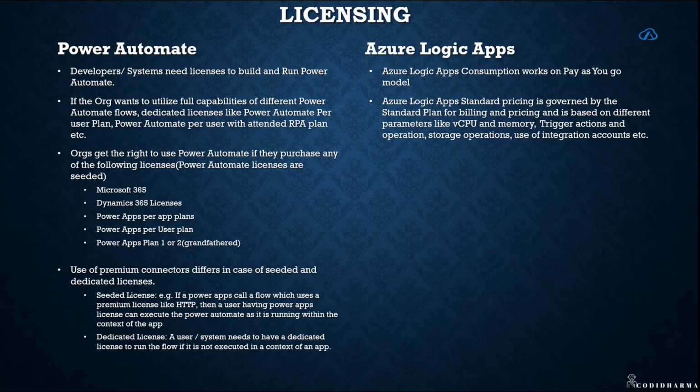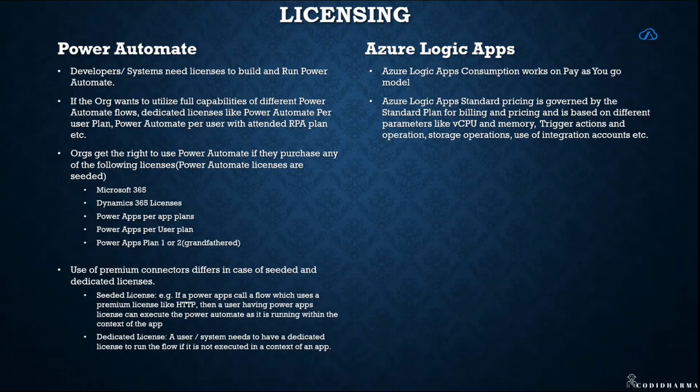But as I said, if a user or a system is running a flow which is very generic in nature and not under the context of a particular user, then that particular user or system needs a dedicated Power Apps license or a Power Automate license to run the premium connectors. I know it's a bit daunting, but I hope I made it a little bit easier, or I'll be happy to take questions on this later on, right?